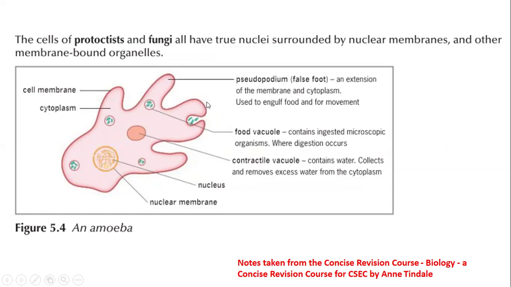And pseudopoda means false foot, so it's an extension of the membrane and cytoplasm. As you can see, the cytoplasm and the membrane are there, right? And it's used to engulf food and for movement. All right, guys, so make sure you know your amoeba, make sure you can identify your amoeba, and let's go.